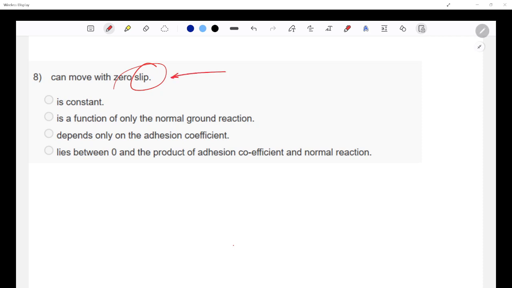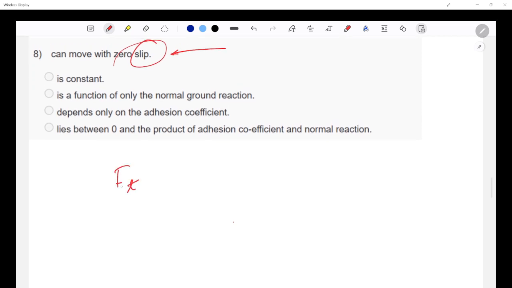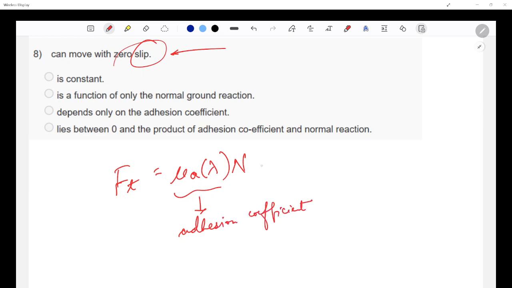The tractive force at the wheel-ground contact is mu a, which is a function of lambda, into N. This term is the adhesion coefficient, and this is the normal reaction.